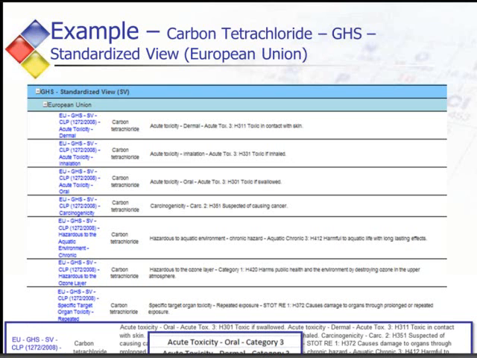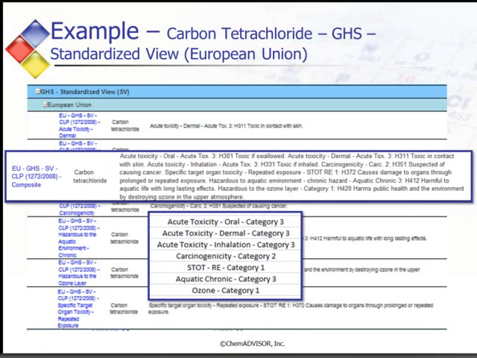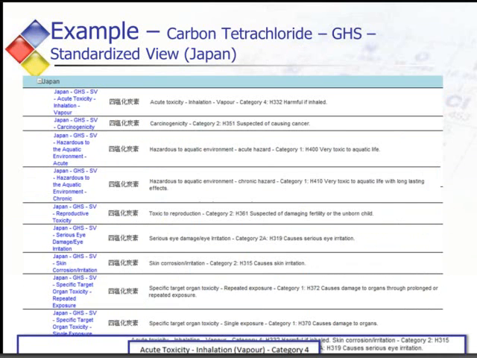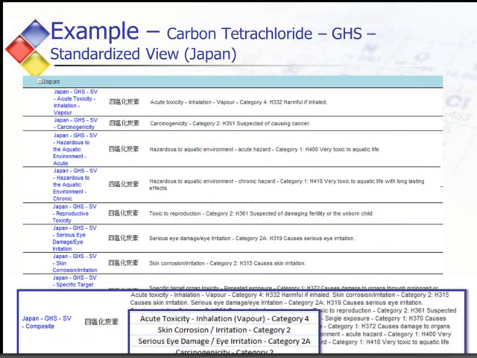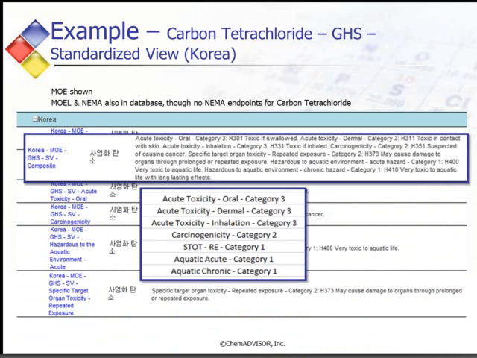So they're highlighting the classifications that are published by Europe. We have that highlight box there at the middle of your screen. And the same thing for Japan. Japan publishes slightly different classifications. Korea, again, a little bit different. New Zealand, and Taiwan.